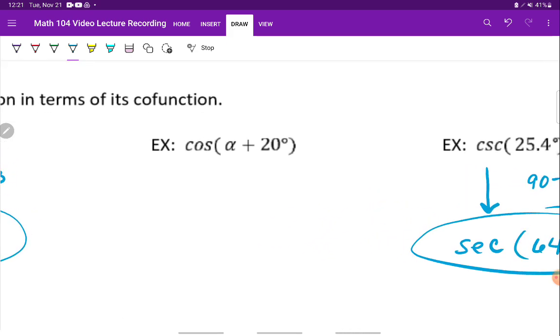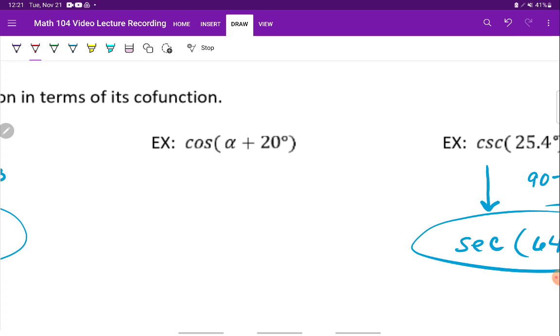All right, let's look at this one in the middle. Here we have an algebraic expression for our angle, not just a number. So it's going to entail just slightly more work. All right, so for cosine, the cofunction is sine. And for the angle, it's still true that we need the complement. So we're going to do 90 minus what we were given, alpha plus 20.